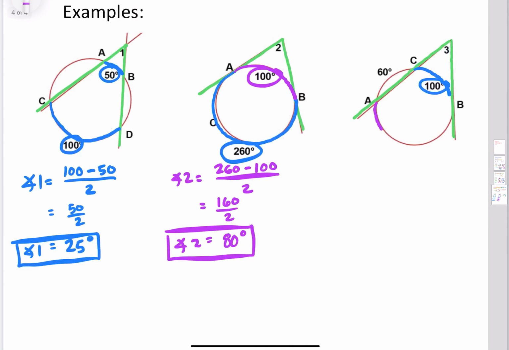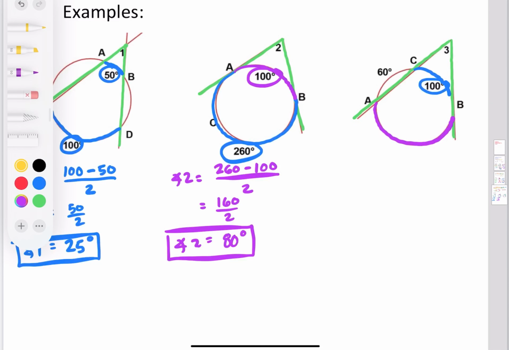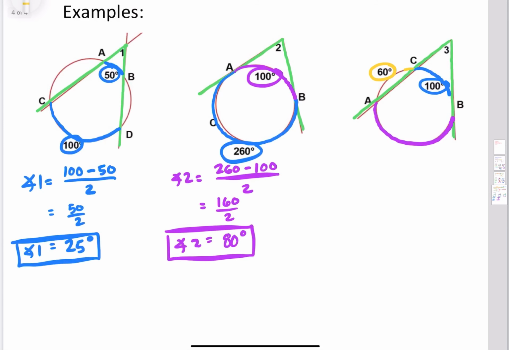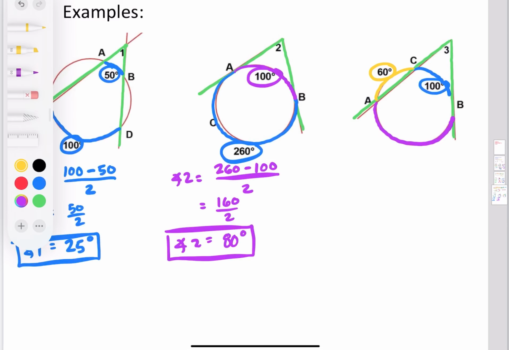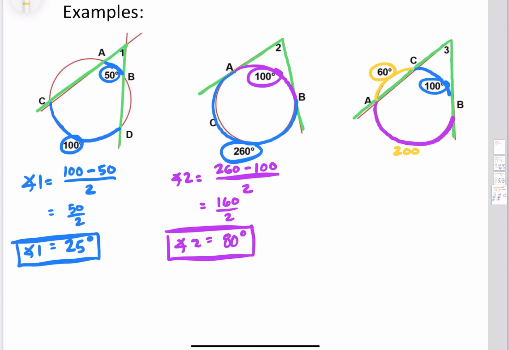This is unknown. Now remember, a full circle is 360 degrees. So we got 100 for that smaller one, and then we have the 60 on this outside. So that's a total of 160, which means 200 is left over. And that's going to give us a full circle. So 100 plus 200 plus 60 is going to give me my 360. So now I know my larger arc.